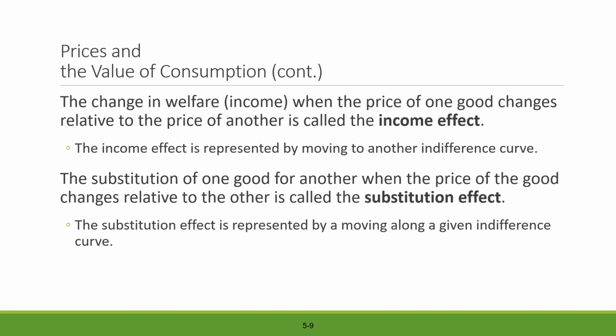So these two effects can be shown in ways that when we move from one indifference curve to another indifference curve, that is because of the price change, that is called the income effect. But when we move on the same indifference curve, we choose a different combination because of the changes in price, that is called the substitution effect. And both effects occur simultaneously whenever a price change occurs.